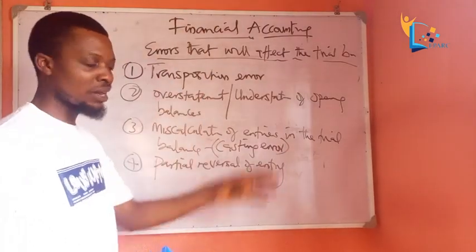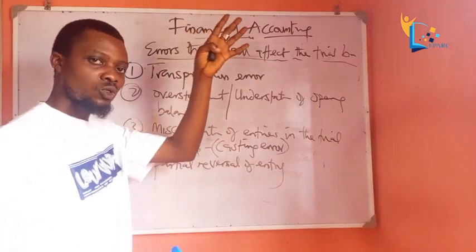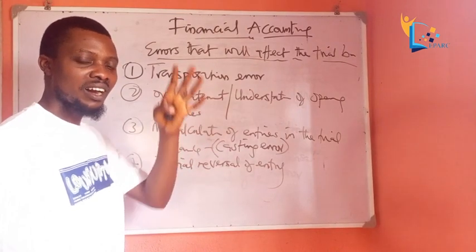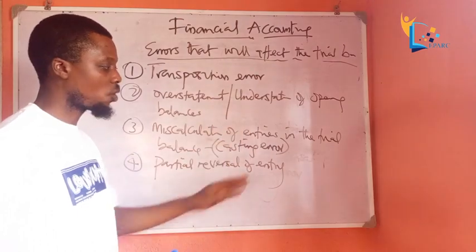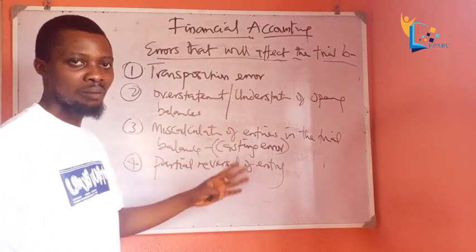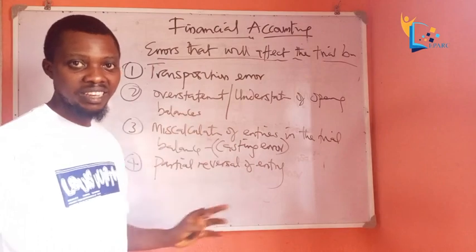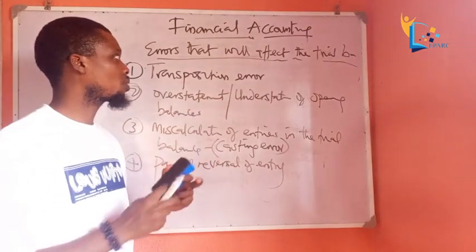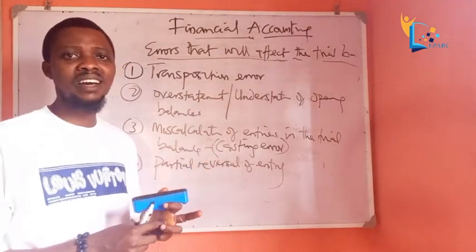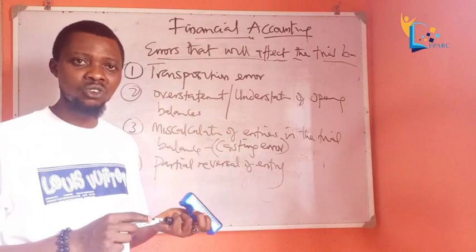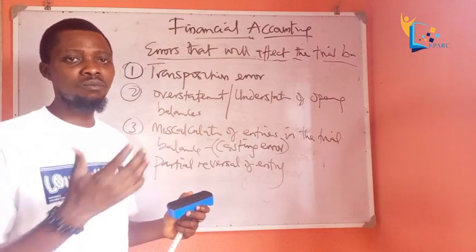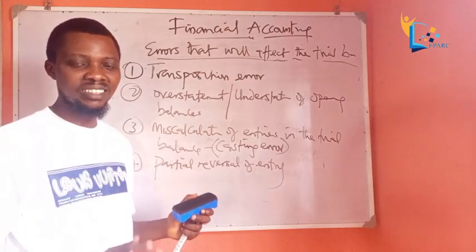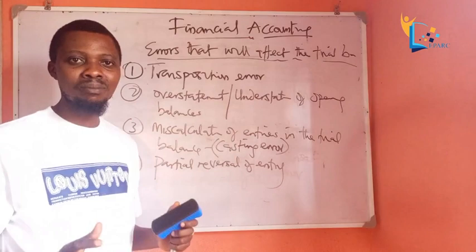When totaling the trial balance, instead of you to total accurately, you went and maybe overstate or understate a calculation and all that. It will affect your trial balance, because the figures will not be the same. So there are so many errors like that. When we talk about errors that affect the trial balance, it depends on the kind of error you committed.